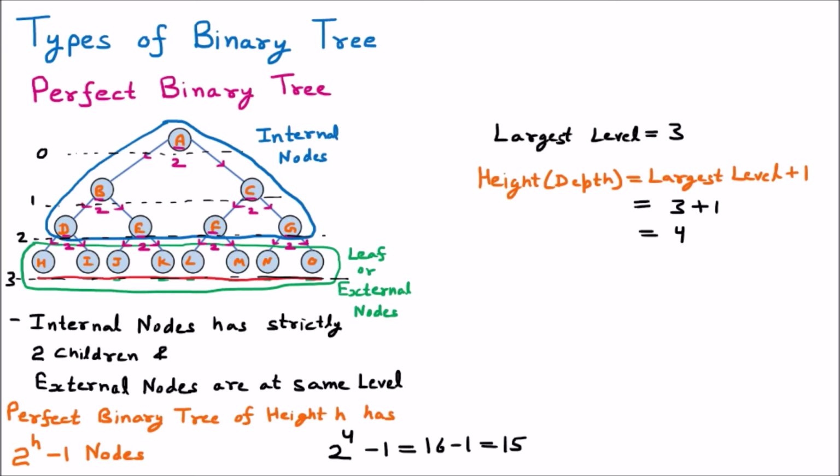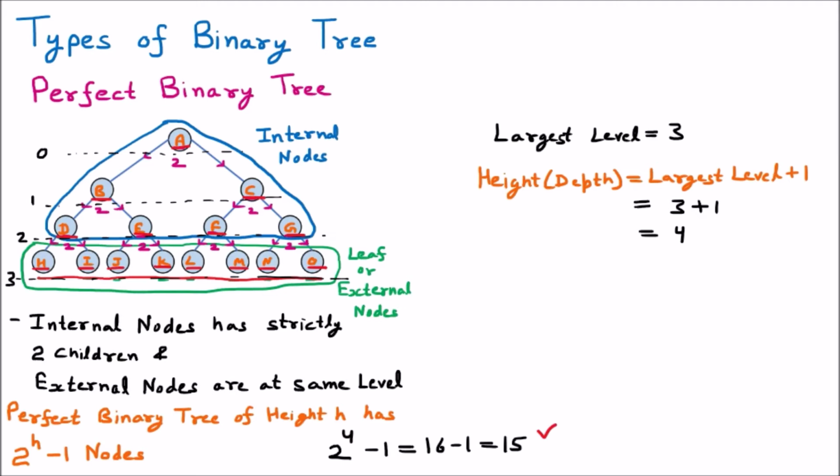Now we check whether this tree has 15 nodes: 1, 2, 3, 4, 5, 6, 7, 8, 9, 10, 11, 12, 13, 14, 15. So the formula is verified that a perfect binary tree of height H has 2 raised to power H minus 1 nodes.